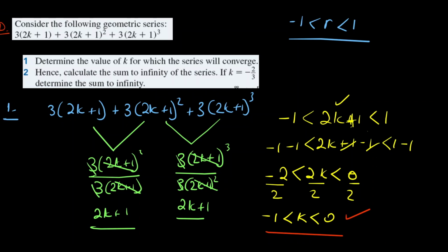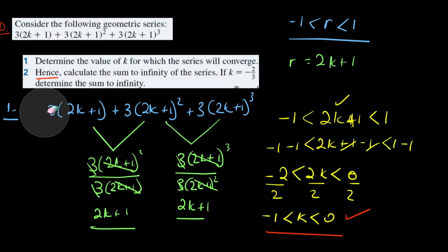So the second part of the question says hence or otherwise. Whenever they say hence or otherwise, it means that we have to use the previous answer to answer the second question. And how do we go about that? Let's just write what the value of r is. It's 2k plus 1.